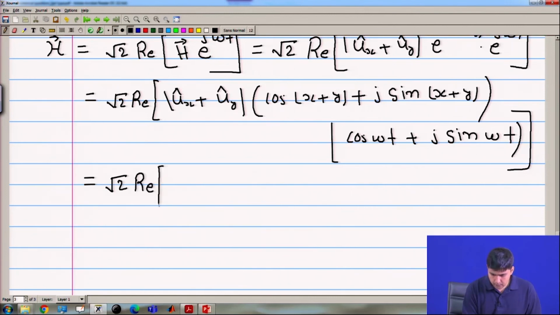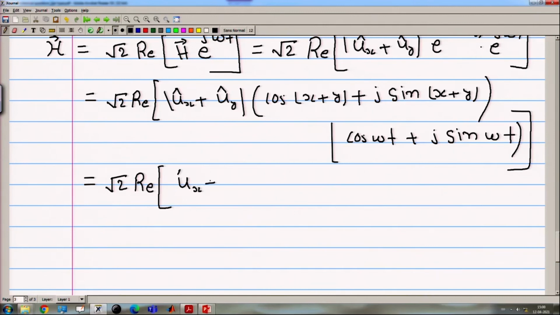So, after multiplying we will get root 2 (ux plus uy). So, here cos x, so real part will come from this term and this term.